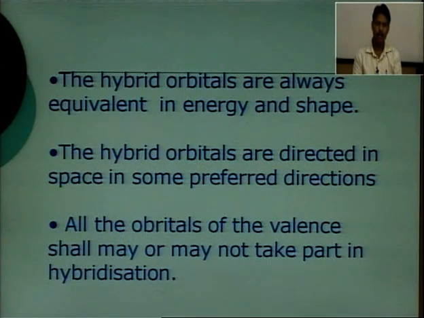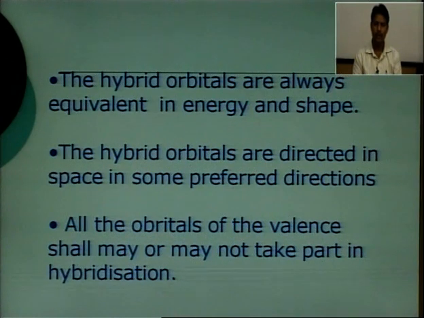The hybrid orbitals are directed in space in some preferred directions. When the energy is redistributed, the electrons repel each other, and so there is a formation of a new shape.